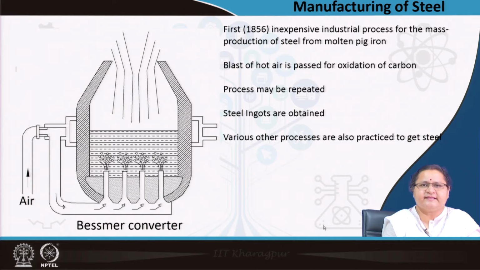Here again, if you see the picture, this is a Bessemer converter, which was the first in use for large scale production, having the same concept of pushing in hot air. As you can see, the hot air is bubbling out into the charge. What is the charge? Here again it is the limestone and the pig iron.